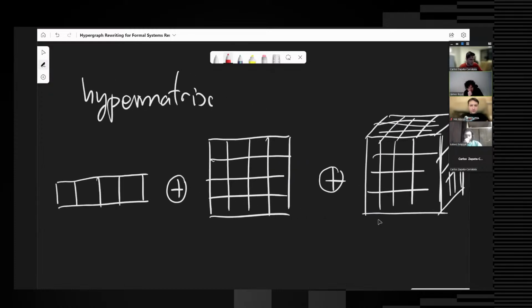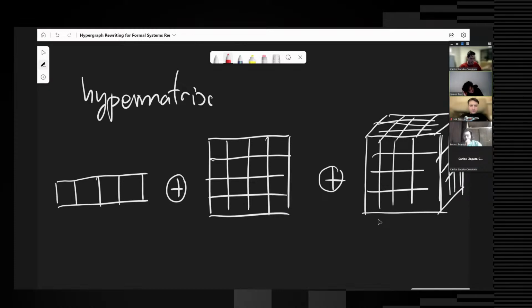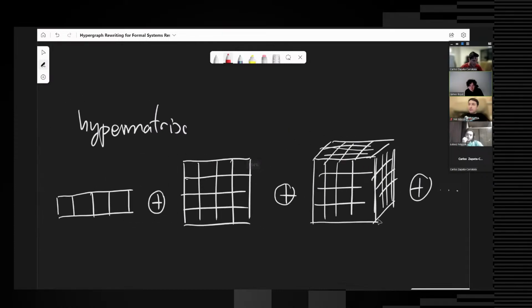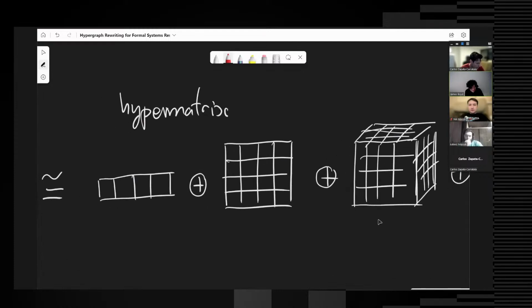This matrix corresponds to anything graph-like, the two-vertex edges, and then this cube will be the three-vertex edges, etc. So in general you have this direct sum of things, and an entire hypergraph is captured by this hypermatrix, which algebraically are very nice objects, because these are matrices in the general sense. It's very efficient algebraically.